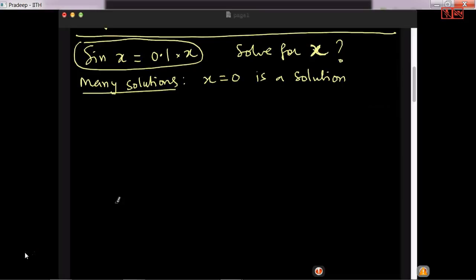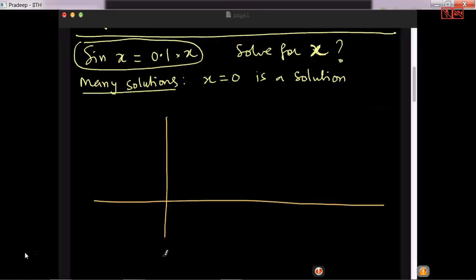So something like this. This is the x-axis and this is the y-axis and this point is 0. Now I'll take the right hand side. What is that? 0.1 into x. That means the slope is 0.1. So this is the form of y equal to mx, a straight line passing through the origin. If I substitute x equal to 0, it is the origin point.